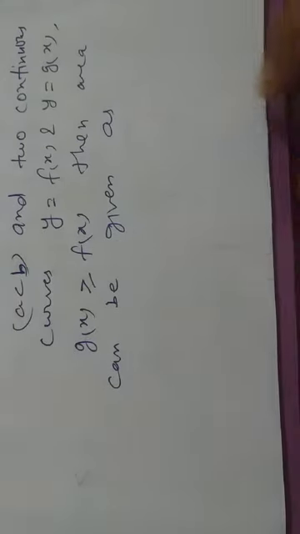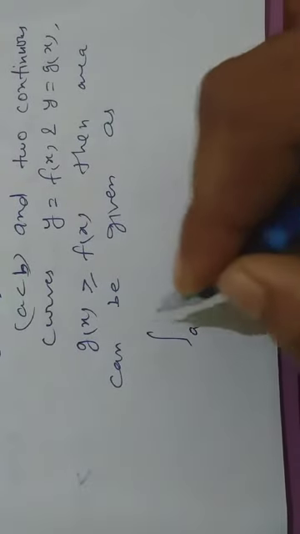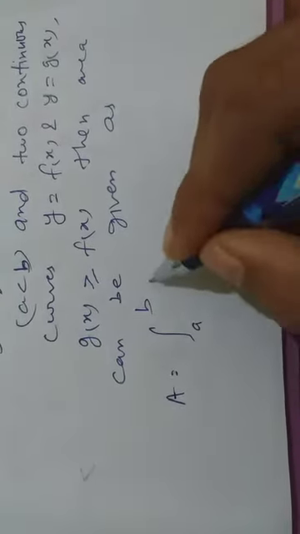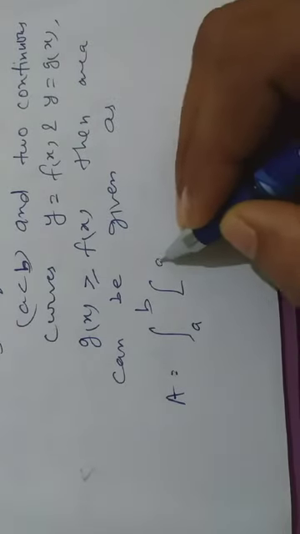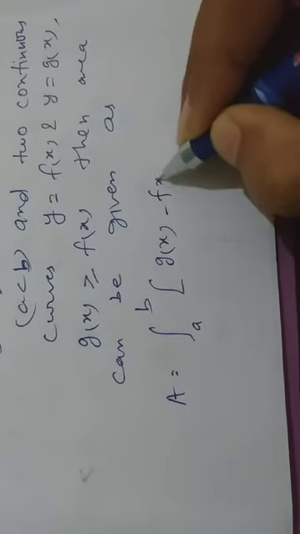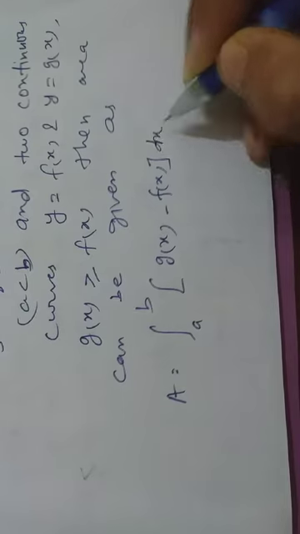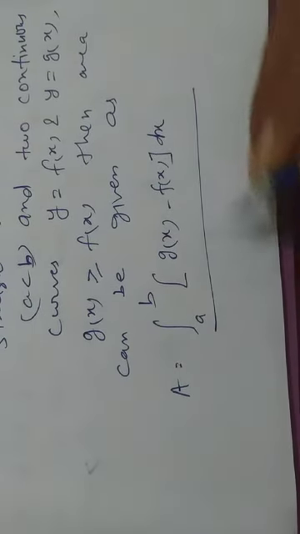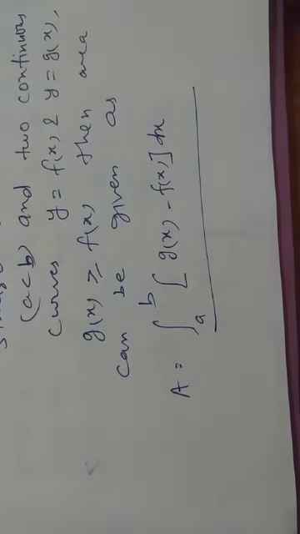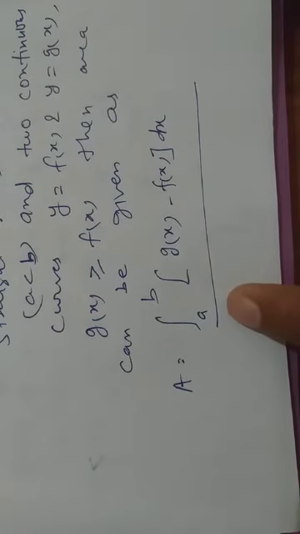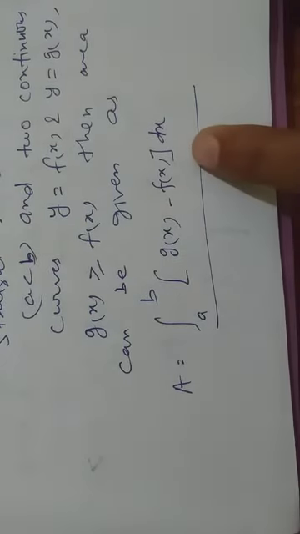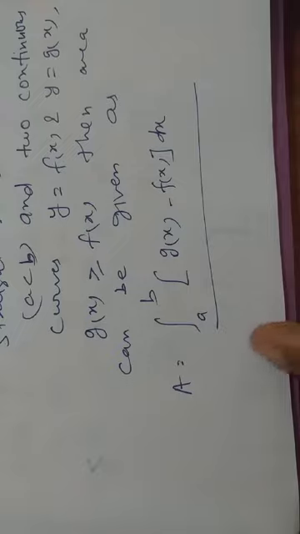The area bounded by these can be given as the integral from a to b of (g(x) minus f(x)) dx. So this integral gives the required area. We can understand this expression by the figure.